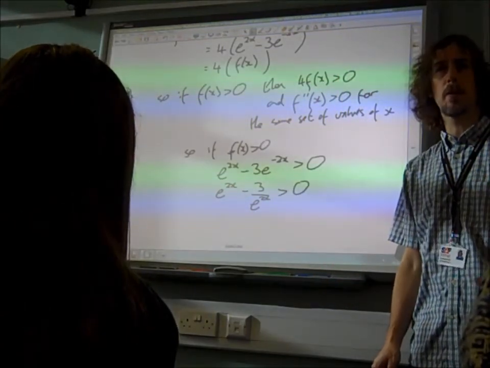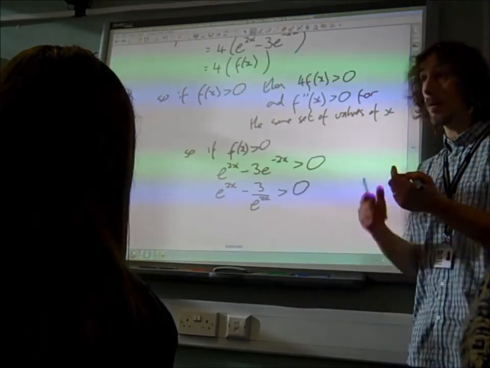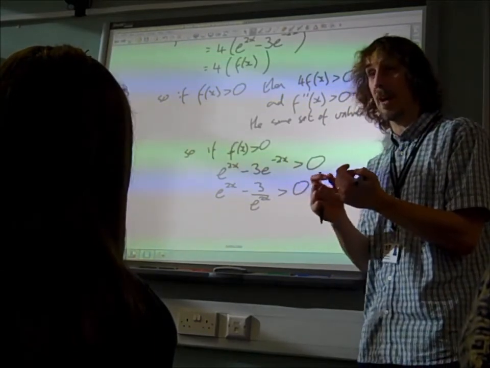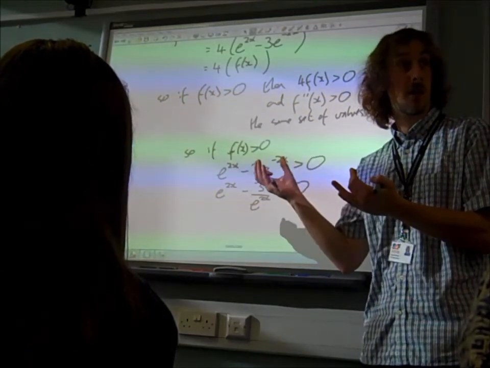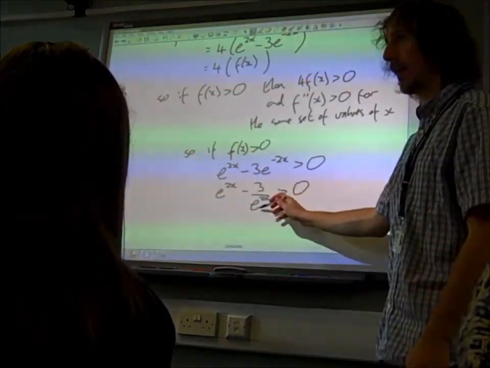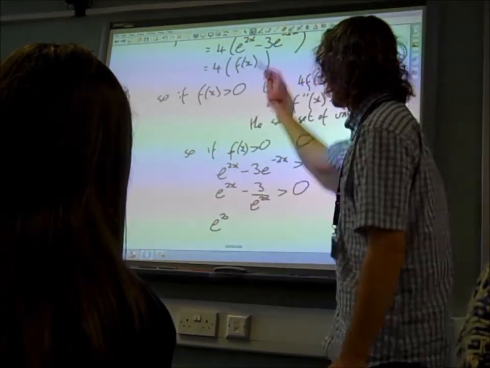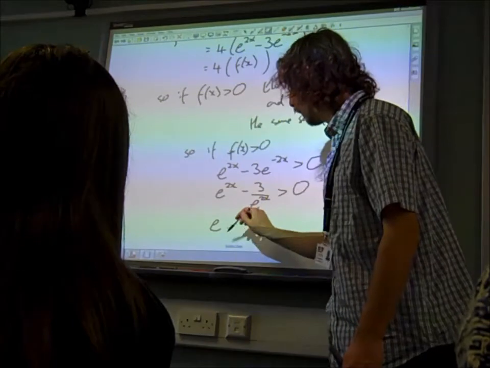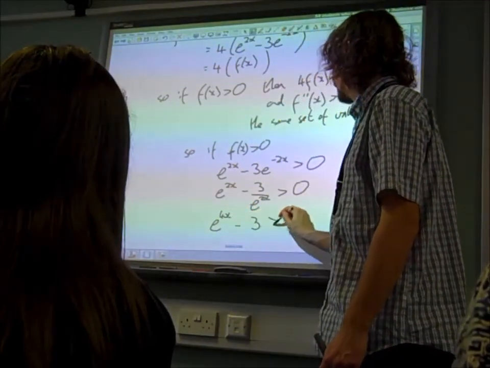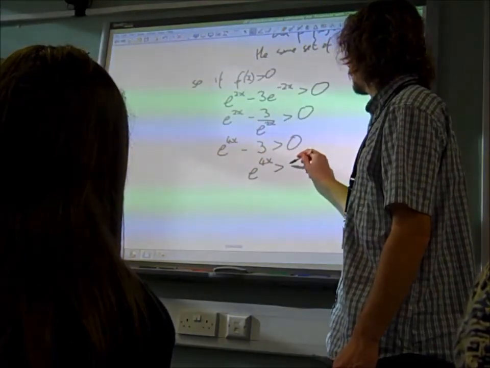So let's multiply through by e to the 2x. Now remember, we've always got that thing to watch out for, that if you've got an inequality and you times both sides by a negative number, you have to change the sign around. But we've already established quite a few times that e to the 2x must be positive, so we've not got an issue here. Multiply that by e to the 2x and we get e to the 4x, because you would add the powers, minus 3 is bigger than 0, so we're saying e to the 4x is bigger than 3.